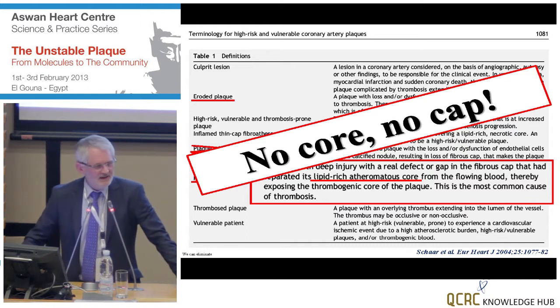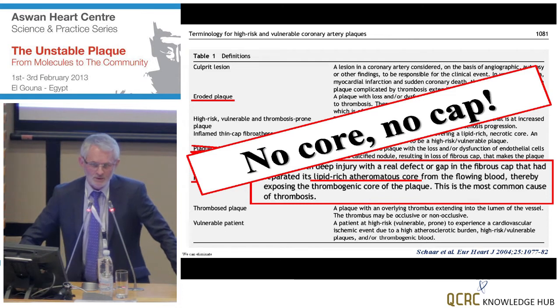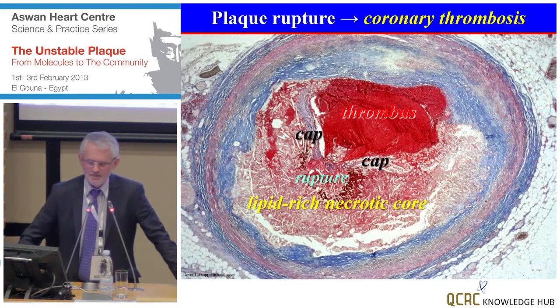So, if there is no atheromatous core, there is no fibrous cap that can rupture. So a prerequisite for plaque rupture is the presence of a necrotic core or an atheromatous core. So the production and development of a necrotic core is very important for the stability of coronary artery disease.